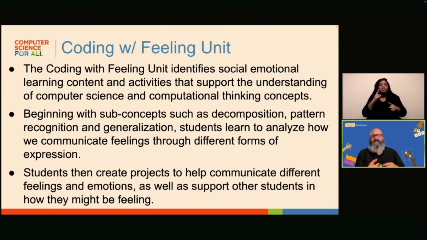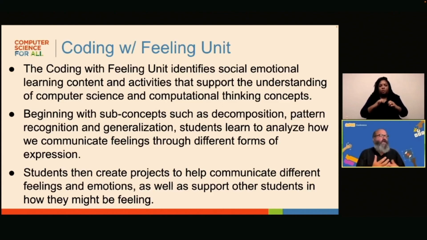What that means is, in the last few years, the New York City Department of Education has emphasized the importance of social emotional learning and has made different curriculum and content available to teachers. When looking through that, we recognized that there are tie-ins to computer science and computational thinking, such as some of the sub-concepts of decomposition and pattern recognition, as well as using computer science in a meaningful way, i.e. communicating how we're feeling.